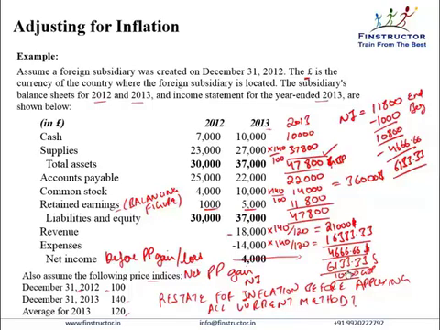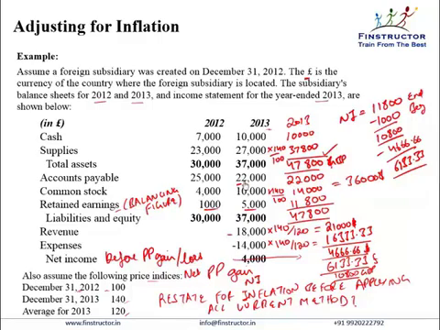Please note that we had a purchasing power gain because we had net monetary liabilities. Our accounts payable was a much bigger number than our cash or than our monetary assets. So even if there is a lot of inflation, this accounts payable will still remain 22,000.